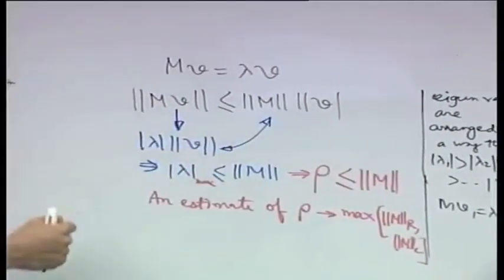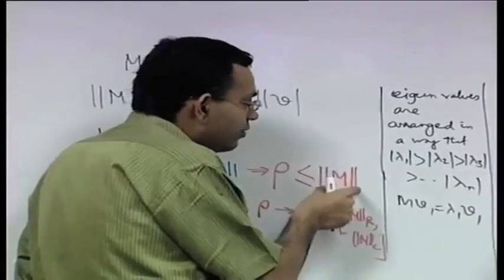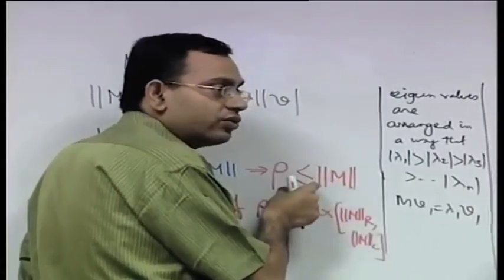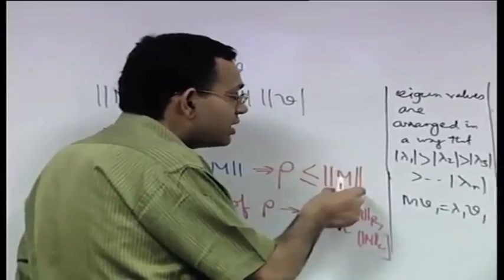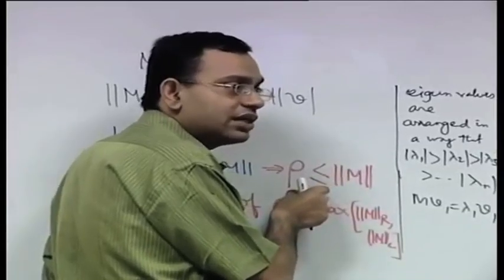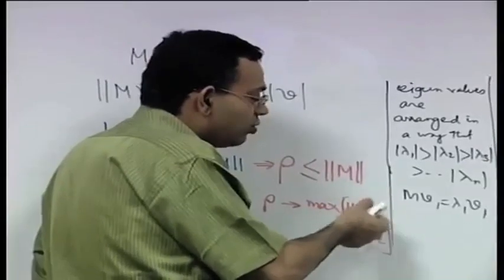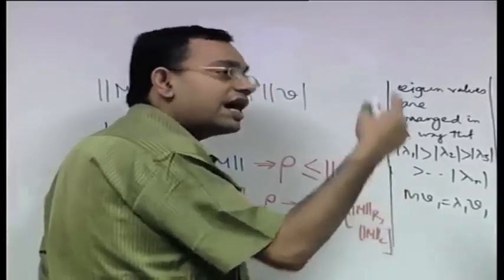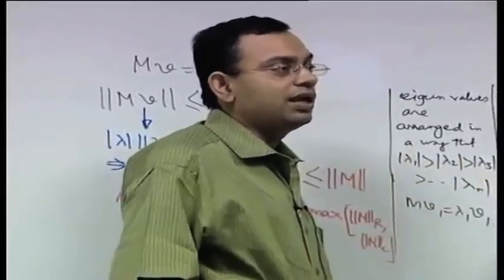So, you are becoming very conservative. You know that whatever is the norm of M, that is greater than rho. For you it was sufficient to satisfy rho less than or equal to 1, but if you satisfy norm of M less than or equal to 1, then implicitly you are satisfying rho less than 1 definitely. Out of the two extreme norms, whichever is the greater one, if you satisfy that as less than 1, the other one will automatically be less than 1.